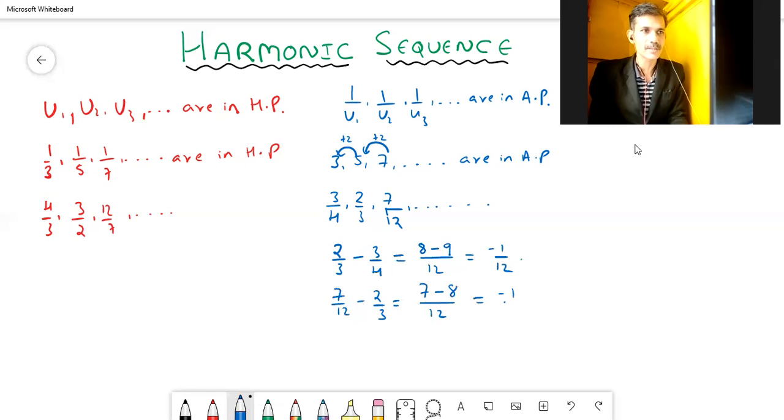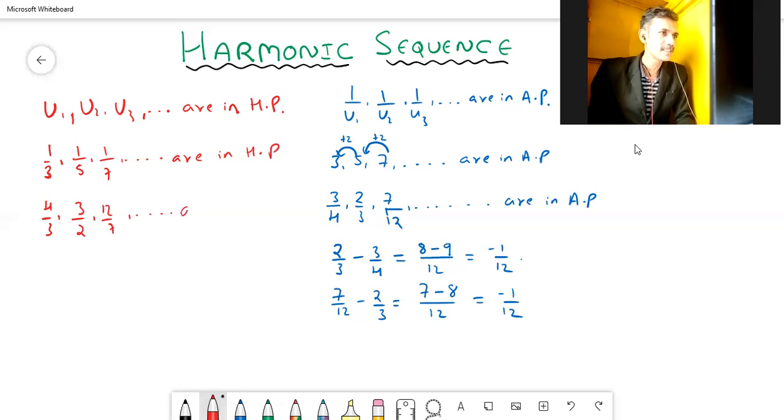So that is also minus 1 upon 12. When these two differences are the same, it is in arithmetic progression. The difference between any two consecutive terms in an arithmetic progression is constant. If it is in arithmetic progression, then the reciprocals are in harmonic progression.